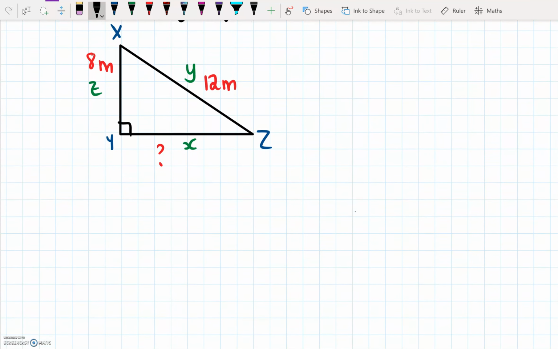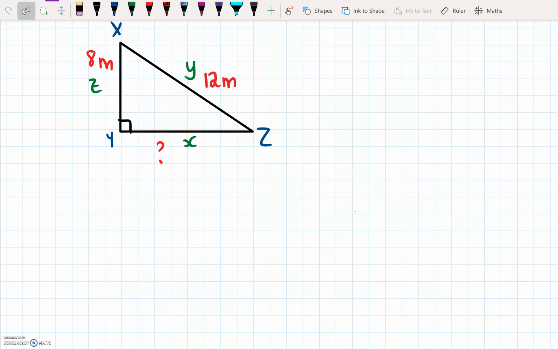Okay, so again, straight to the Pythagoras' theorem. We know that our hypotenuse is y, so it's going to be equal to y squared. Our shorter sides are z and x, so z squared plus x squared is equal to y squared.